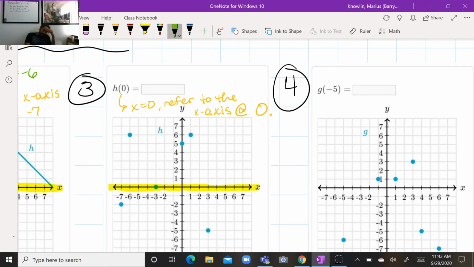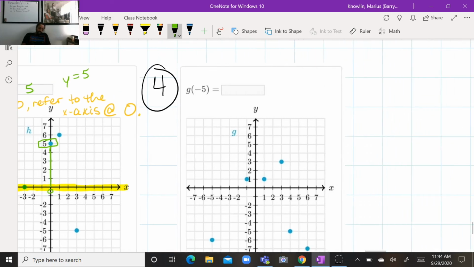And we need to find 0. 0 is really right here in the middle. So we need to go up to where we see a point for h, for the function of h, and that is at 5. So that answer there will be 5. So when x is 0, y is 5.